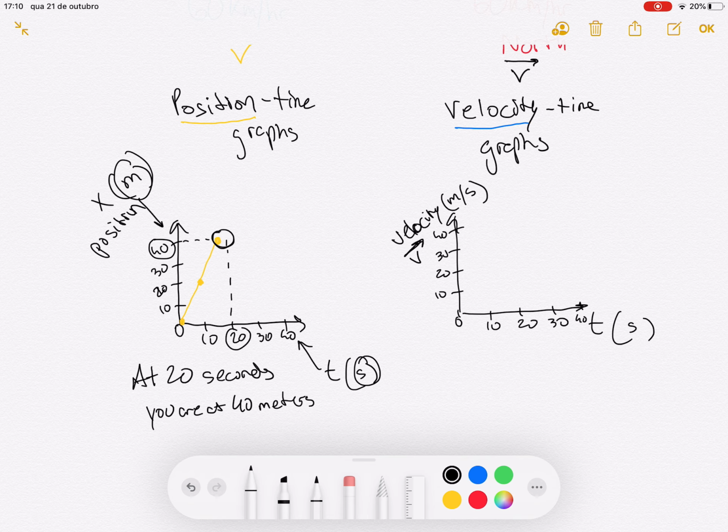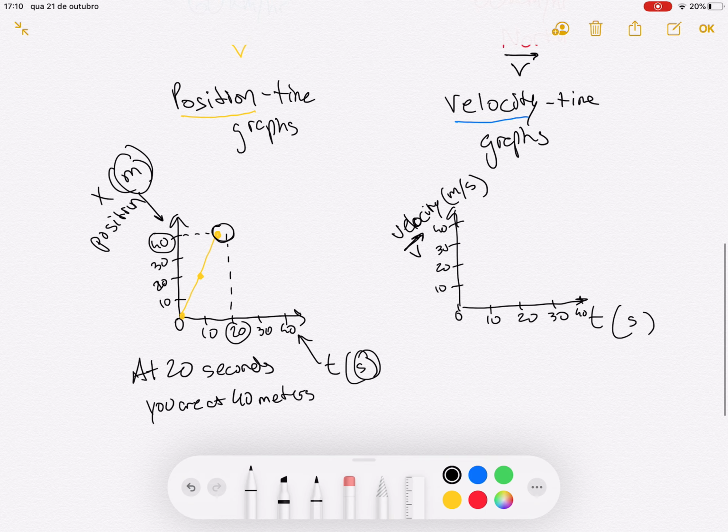Now, we need to graph the velocity of this object. If we look over here on the position time graph, we can see that the line is going up, away from the 0, and it's above the x-axis. So we can see that the position is increasing, and it's positive.